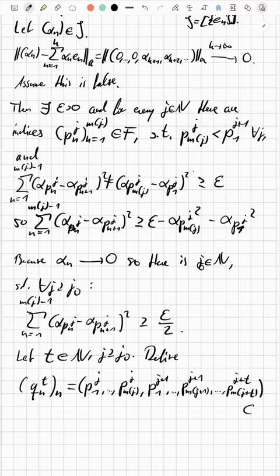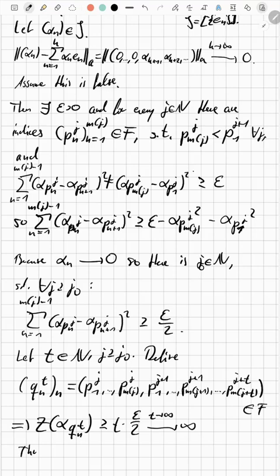This is an element of f, obviously, and with this inequality right here, we get that z of alpha, q, and t is greater or equal to t times epsilon half, and this obviously diverges as t goes to infinity.